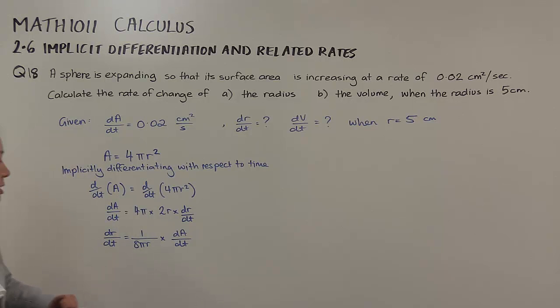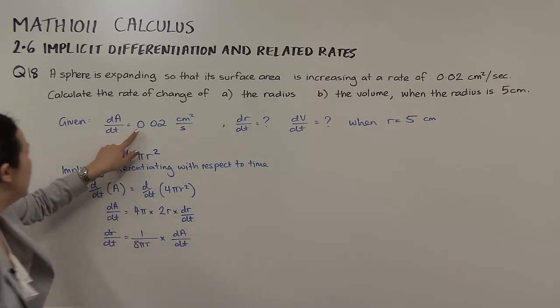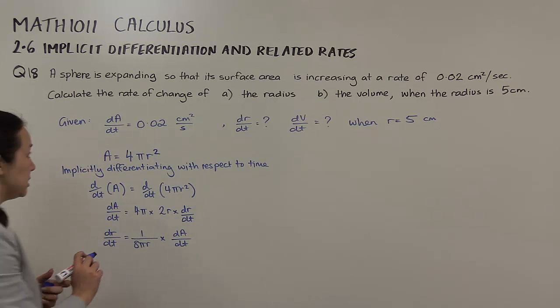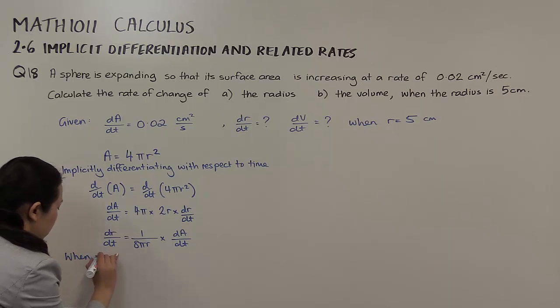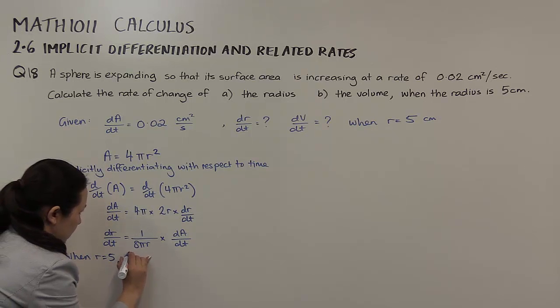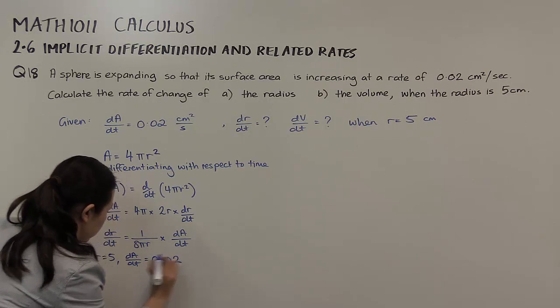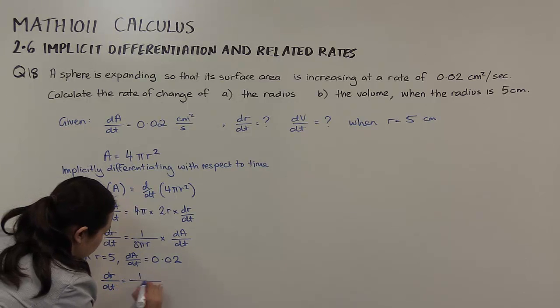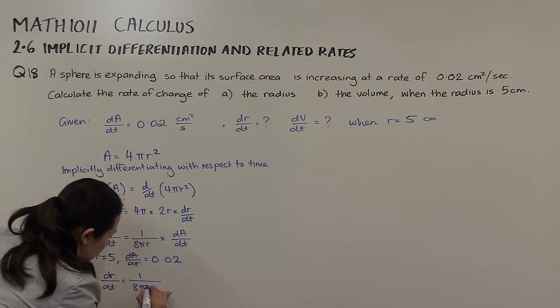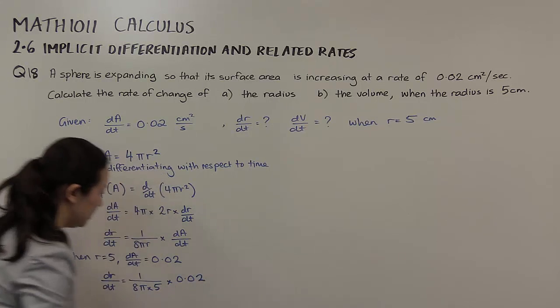So we can answer the question. We can find dr/dt when r is 5 and dA/dt is 0.02. So when r is 5 and dA/dt is 0.02, dr/dt is just going to be 1 divided by 8 times pi times 5, times 0.02.